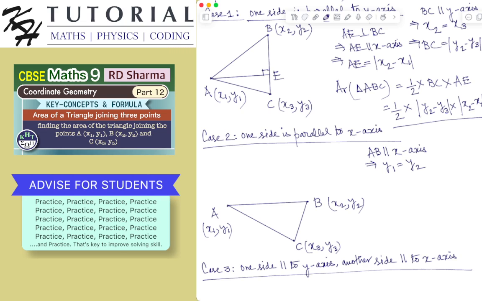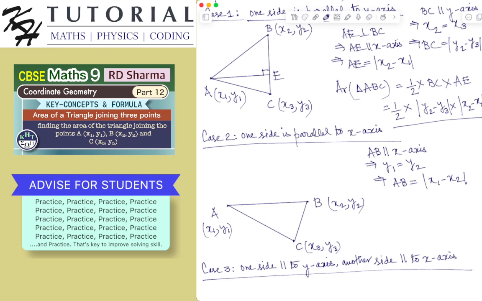From this fact, I can find the length of the side AB. AB will be equal to the absolute value of the difference of the abscissas of the points A and B, so the absolute value of x1 minus x2. Now I need to find the length of the perpendicular from the vertex C on the side AB.